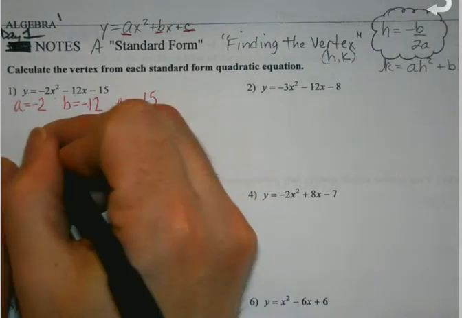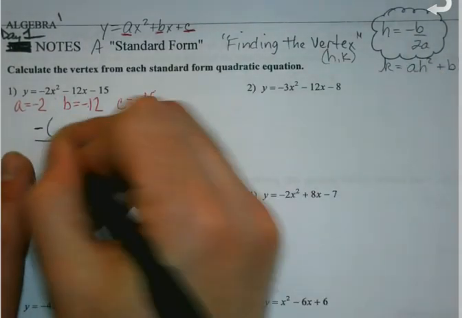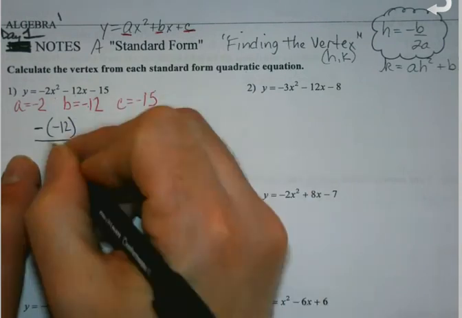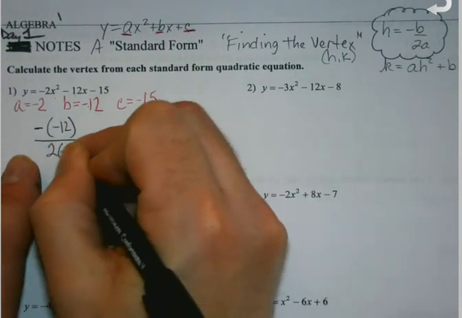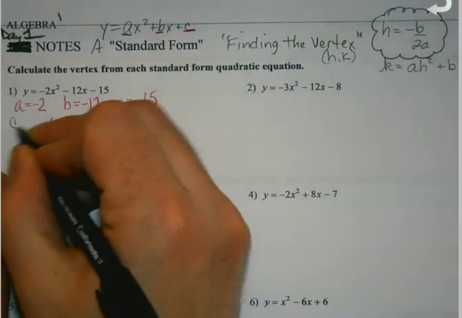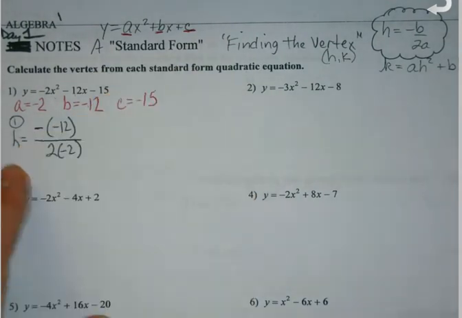Doesn't matter. Put the negative there because that's part of the formula. Then stick in my B value over 2 times A. Okay, this is always my first step, and it's going to help me find the X value of my vertex, this H.